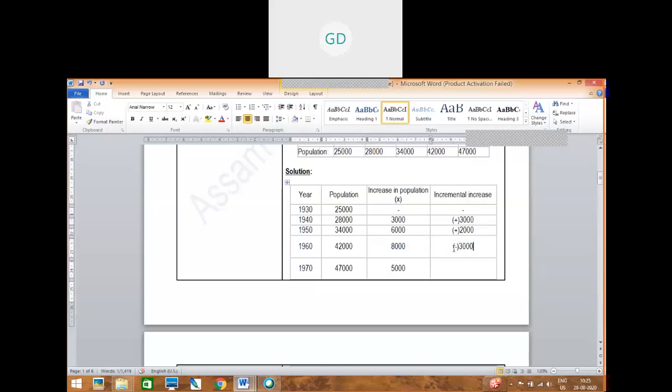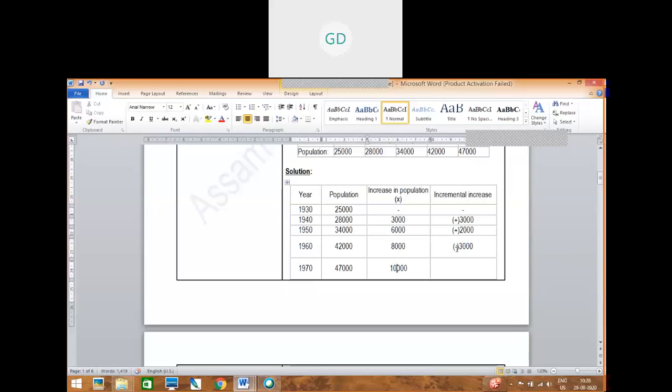So you have seen that here minus is coming, and plus, plus. Suppose you were getting 10,000 instead of 5,000. Then you subtract 8,000 from 10,000, so you will get 2,000.